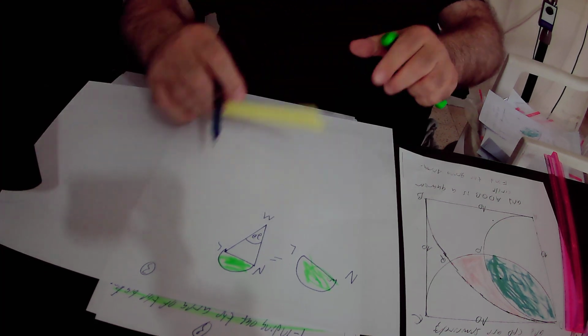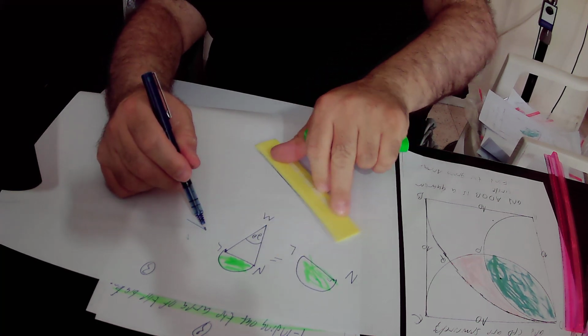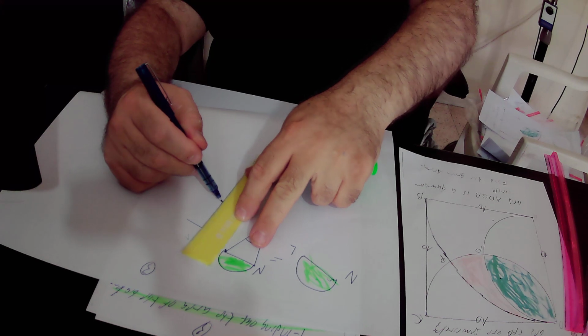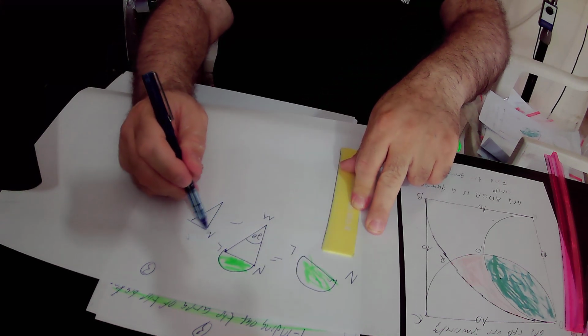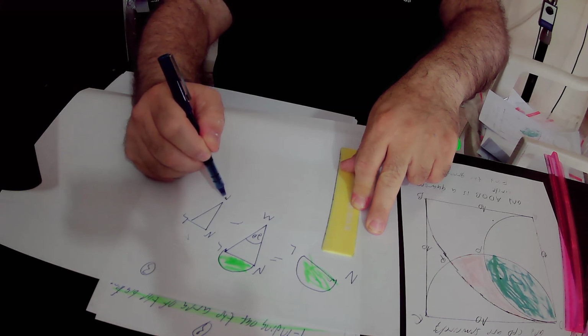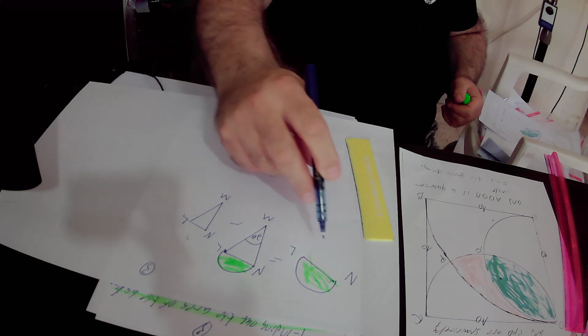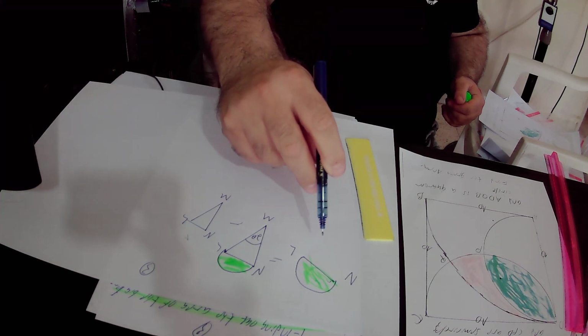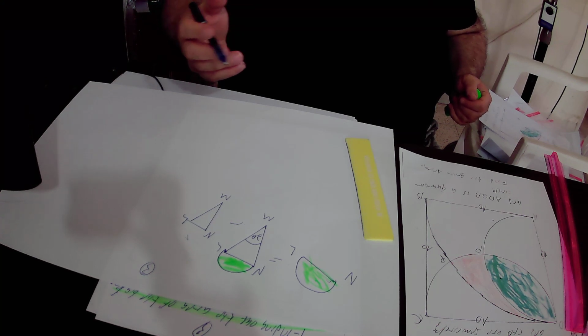This is triangle NML. It is very easy to see from the drawing. If you subtract the area of triangle MNL from the area of sector NML, you will get exactly the area of the upper circular segment NL. Okay?